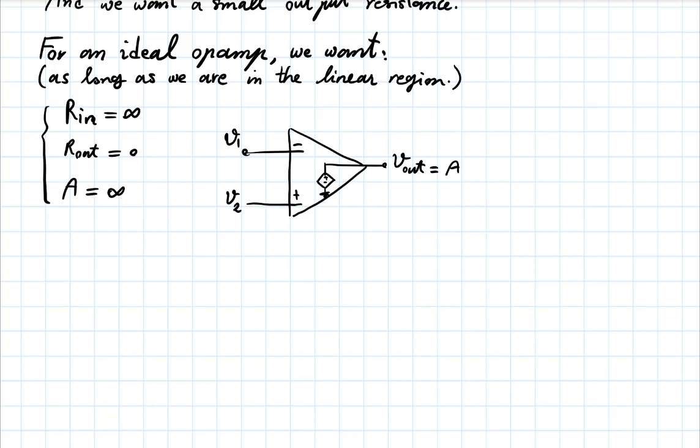Because there is no output resistance, V out is directly A times V2 minus V1.